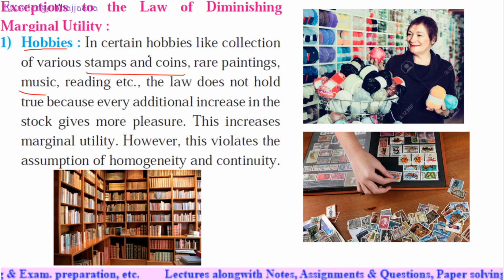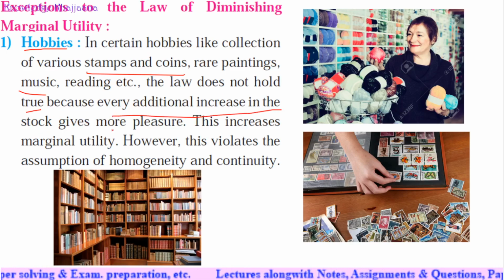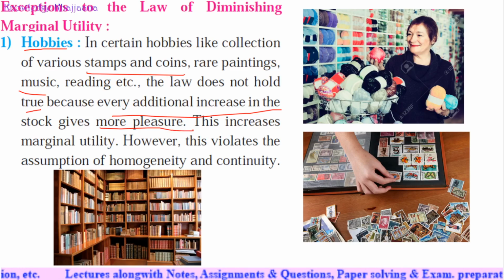The law does not hold true because every additional increase in the stock gives more pleasure to the person who is collecting, because it is his habit, his hobby. As he wants to cultivate his hobby, he keeps on collecting more and more stamps, more and more books, more and more paintings.